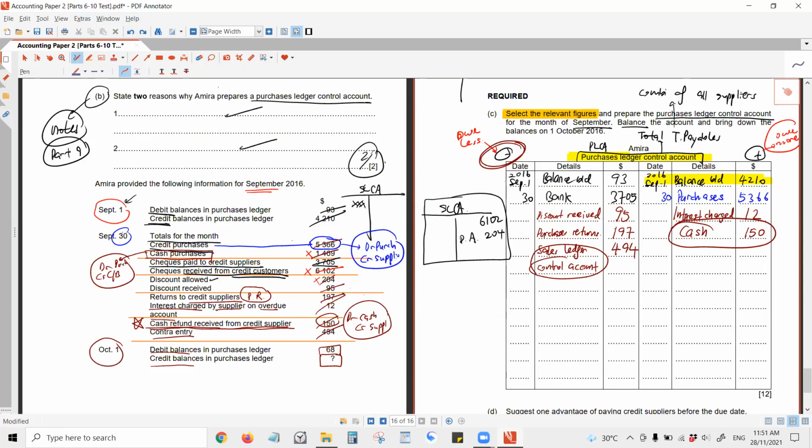We are talking about the balance, right? The last two numbers, 68, and then the last number, which is the missing figure, 68, debit balance. In the purchase ledger, you draw the lines first.